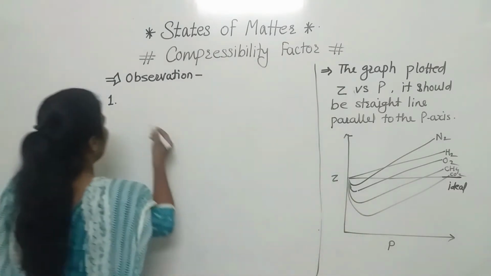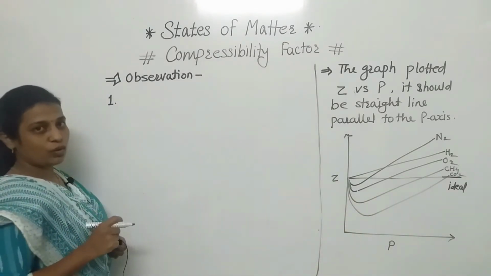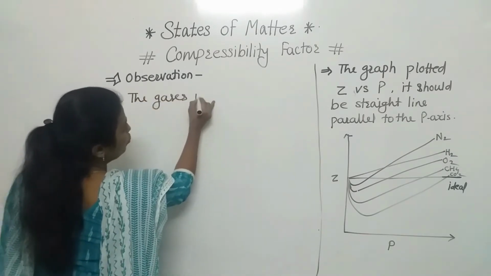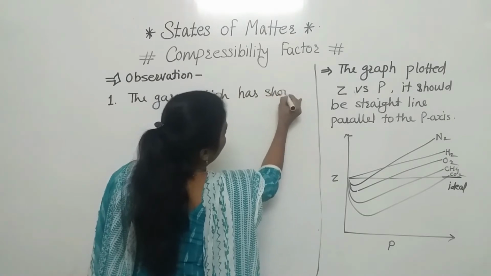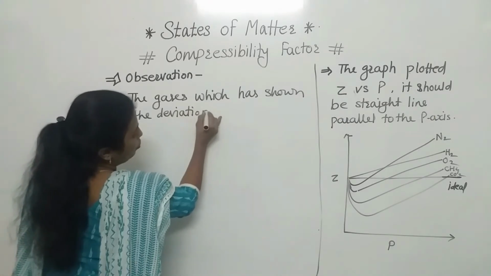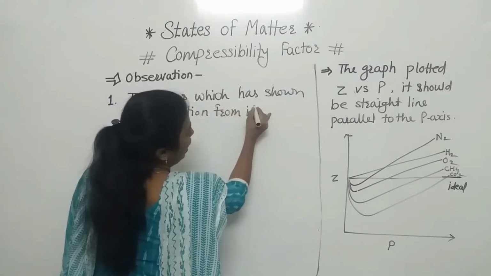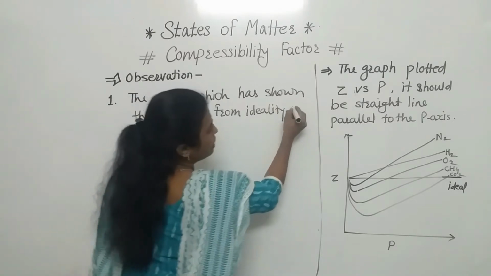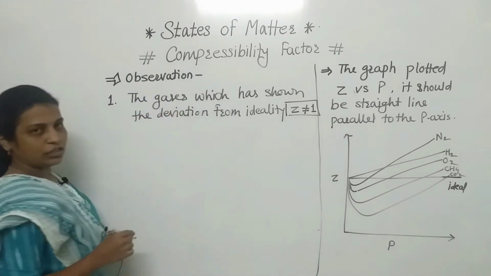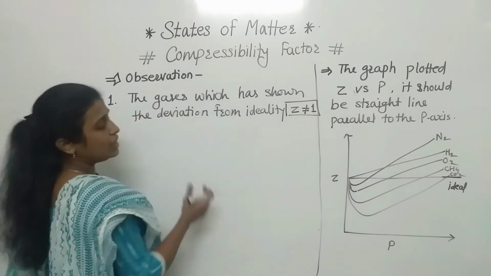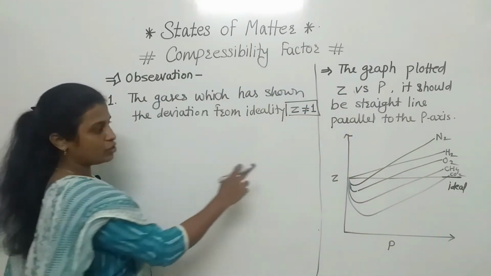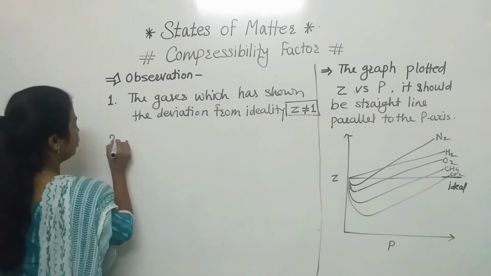For ideal gases Z is equal to 1, means the gases which have shown deviation from ideality, for them Z is not equal to 1. This is the first condition. Because they are not in a straight line, they have shown deviation from ideality, so Z is not equal to 1.